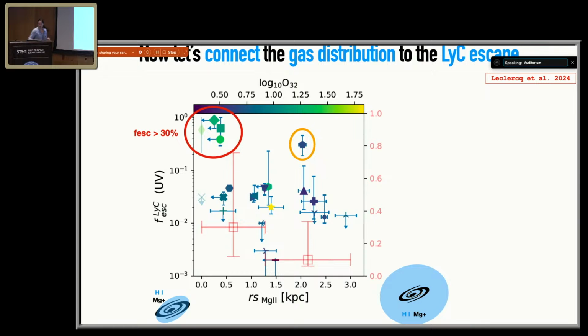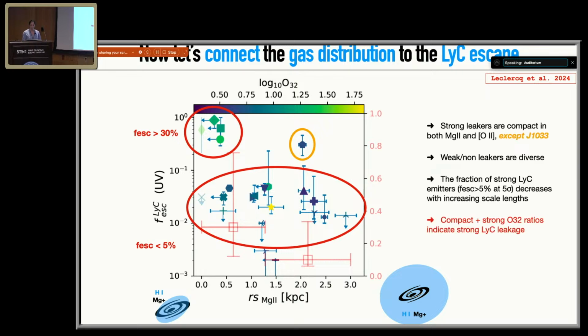For the weaker leakers and non-leakers, we see a wide diversity, with some unresolved, very compact objects, and some very extended objects, with extended magnesium II halos around them. So basically, our main result is that if we are looking for Lyman continuum leakers, we need a compact nebular configuration and also a highly ionized one.